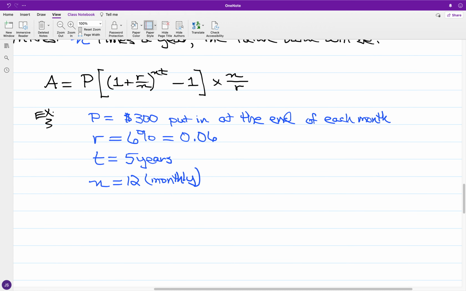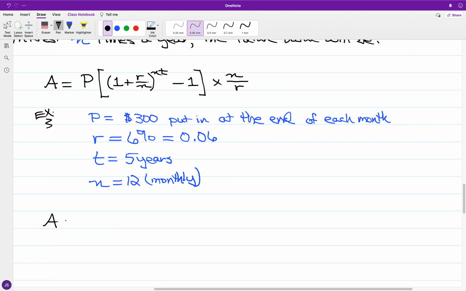And again, for this particular formula, I'm looking at finding out what A is going to be. So you have P at $300, which is put in at the end of each month. With the numbers, you've got 1 plus R at 0.06, and N at 12.